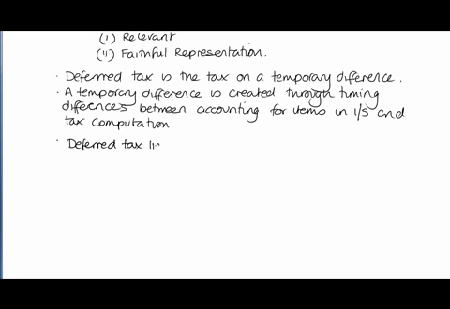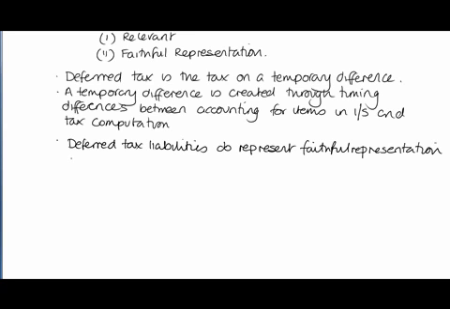Deferred tax liabilities do represent faithful representation because they relate to future tax payments that are probable.